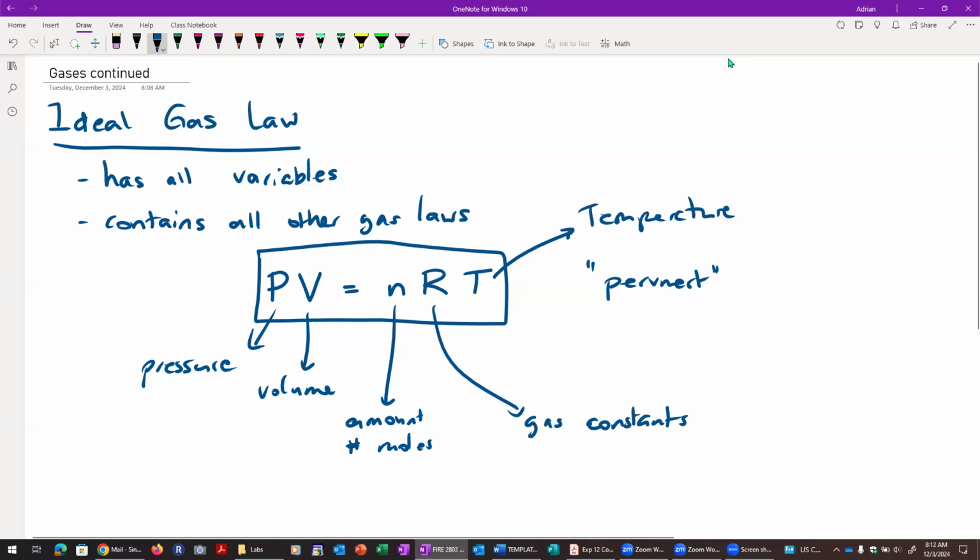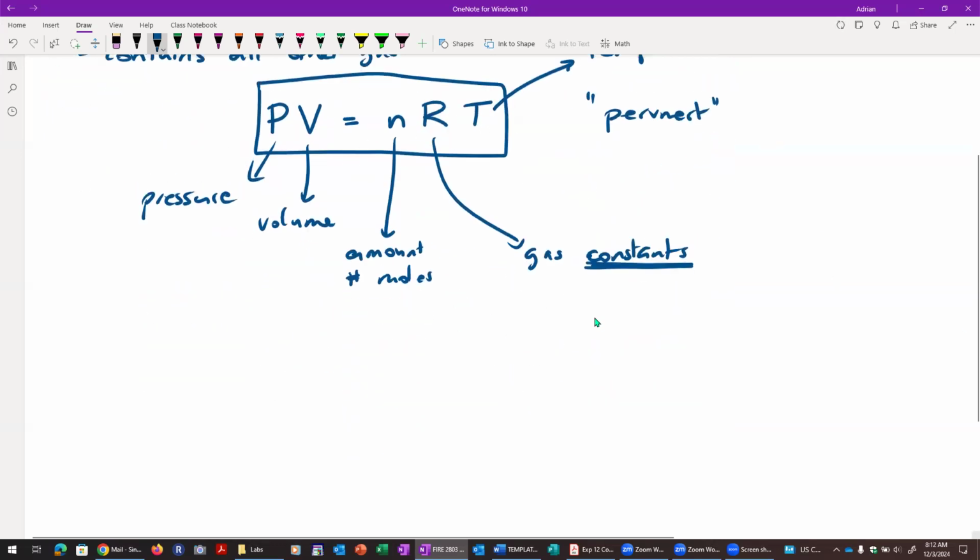Going back to the gas constant. As with all the other constants, this means that whatever that number is doesn't change. So that is what defines it as being constant. And there are a couple different numbers that can be used depending on the units that are being used in the other places in the equation.